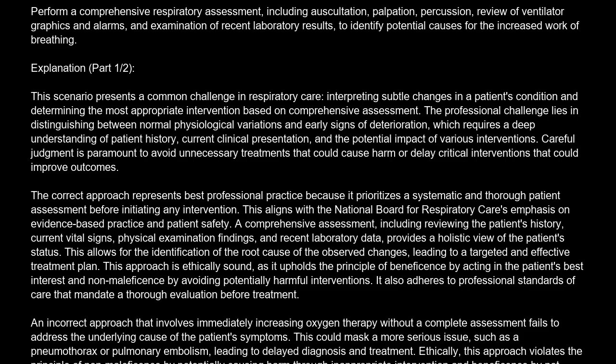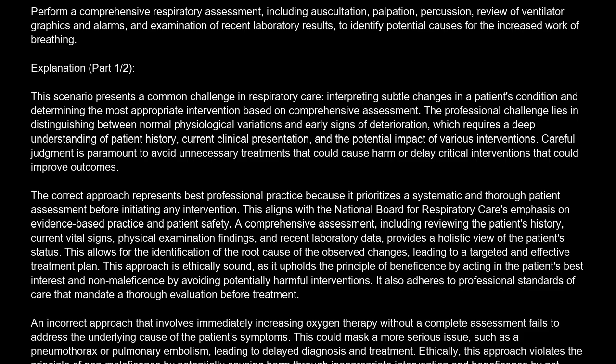The correct approach represents best professional practice because it prioritizes a systematic and thorough patient assessment before initiating any intervention. This aligns with the National Board for Respiratory Care's emphasis on evidence-based practice and patient safety. A comprehensive assessment, including reviewing the patient's history, current vital signs, physical examination findings, and recent laboratory data, provides a holistic view of the patient's status.